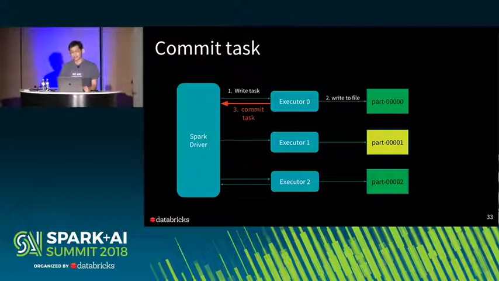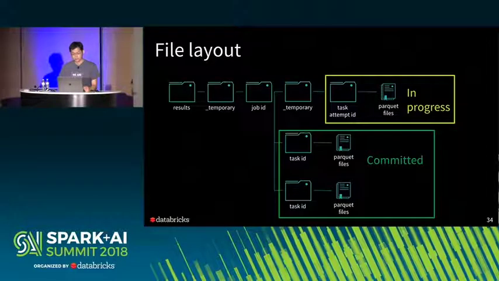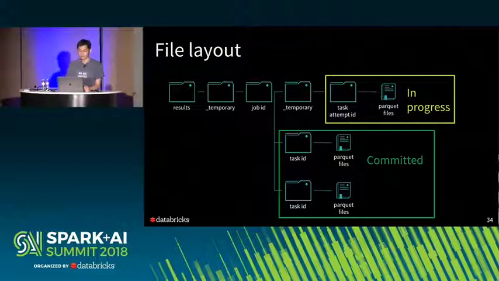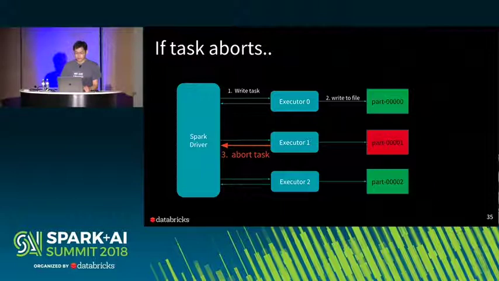When a task succeeds, the write protocol requires the executors to commit the task. We can see that the output of the committed task is moved under the directory of the job ID, and the task in progress remains temporary. And here is what happens when a task aborts.